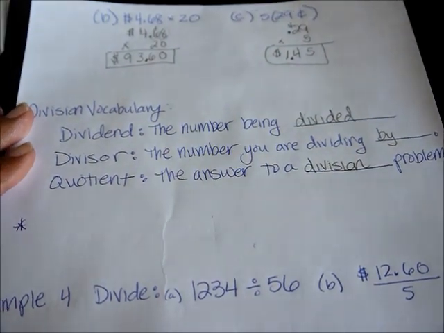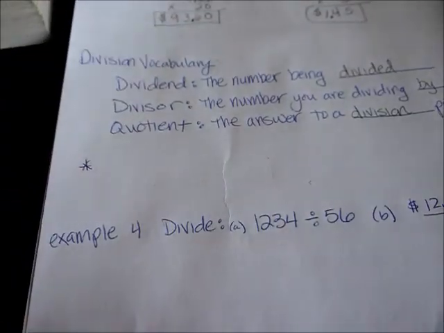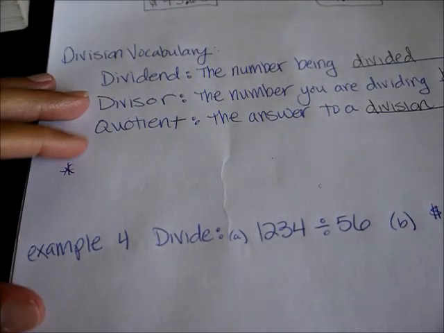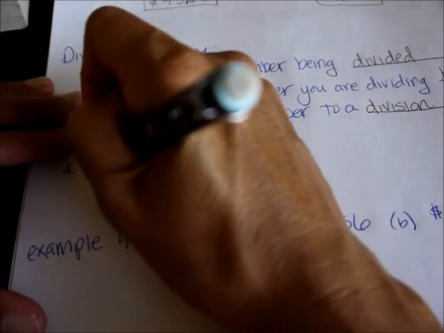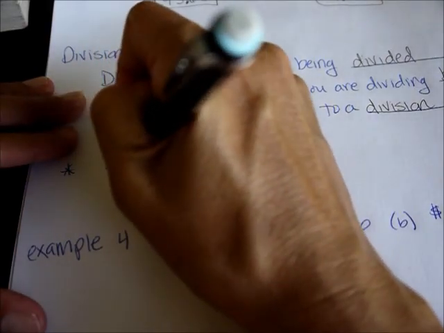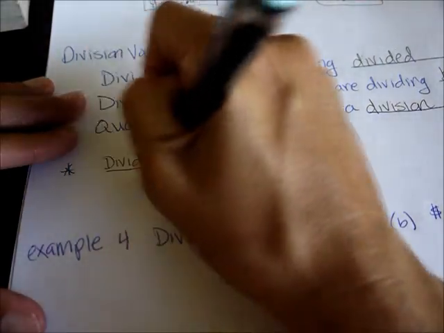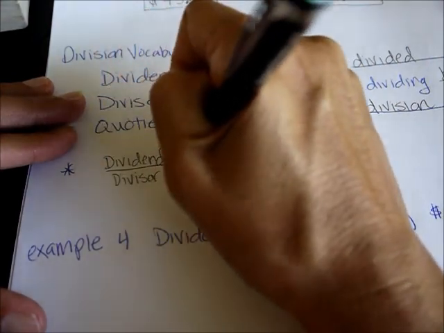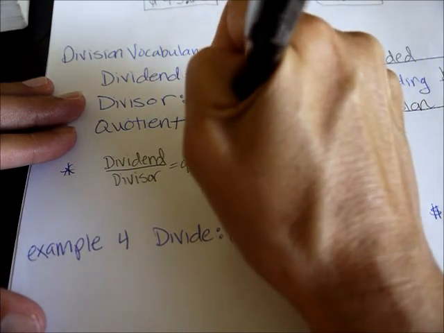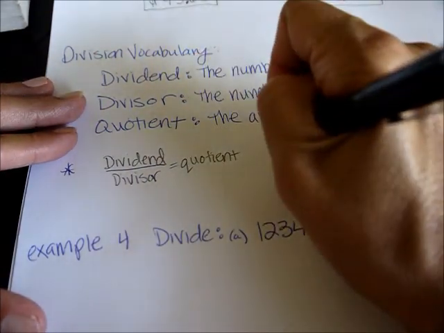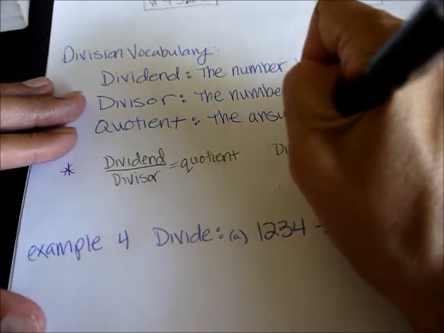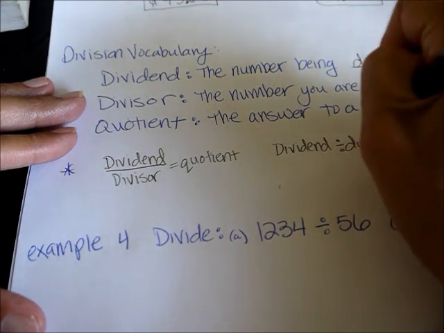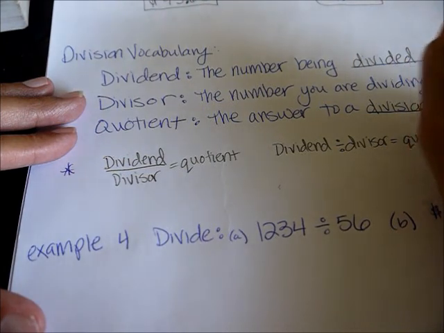All right, so let's put this into a visual that you might like better. We can show division lots of different ways. We can show it as a fraction. So you would have dividend over divisor equals quotient. So go ahead and write that. Or you might have dividend divided by divisor equals quotient.